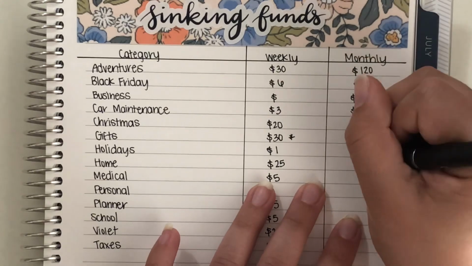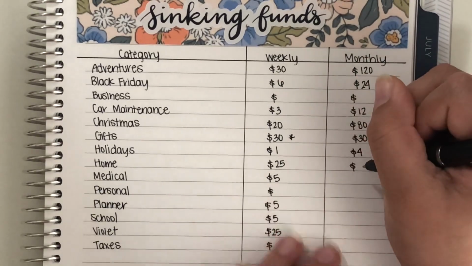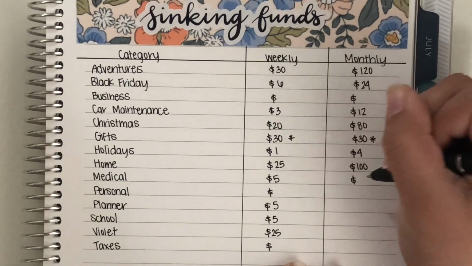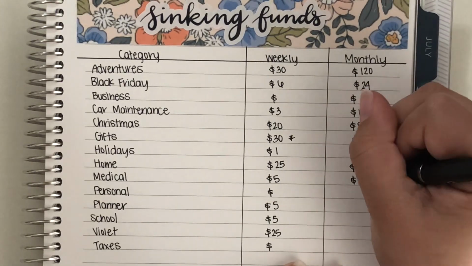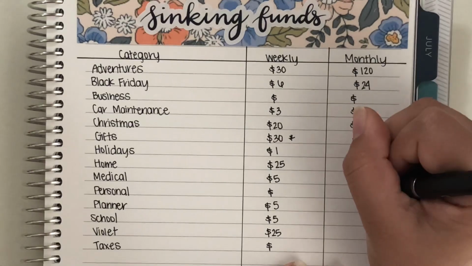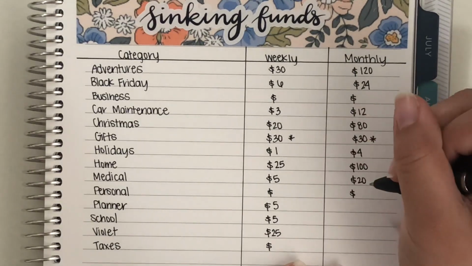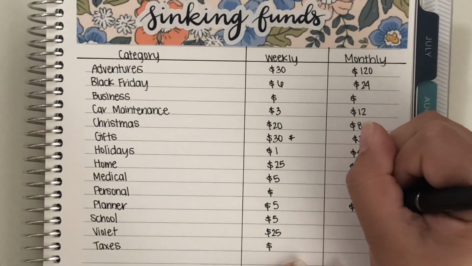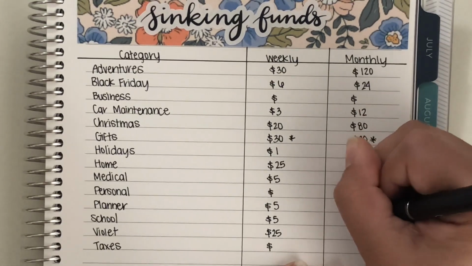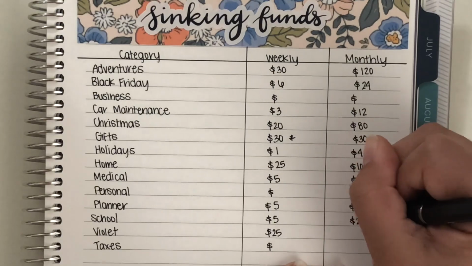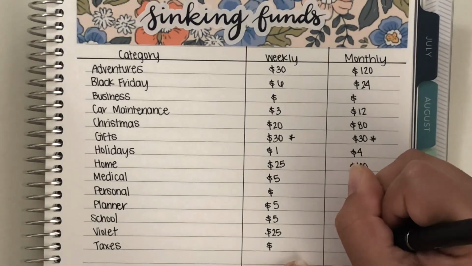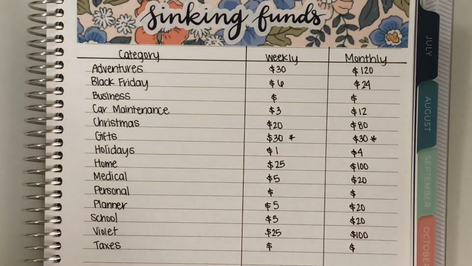Holidays is getting $4. Home is getting $100. Medical is getting $20. Personal, we don't know. Planner is getting $20. So is school. Violet is getting $100. And taxes, we do not know.